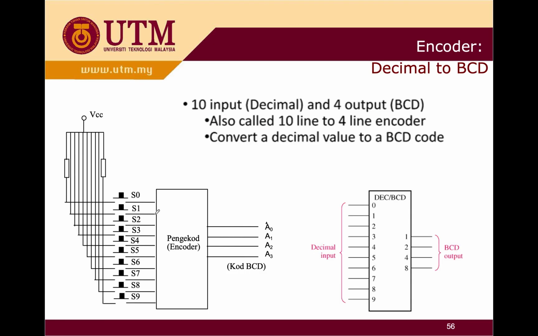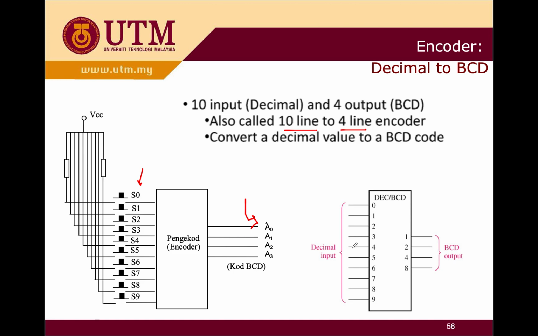So this is encoder for decimal to BCD, which is 10 input decimals, and for output BCD, also called 10 line to 4 line encoder. So it's quite huge. You have 10 inputs over here altogether, and you have 4 outputs. So this is the decimal input and BCD output.